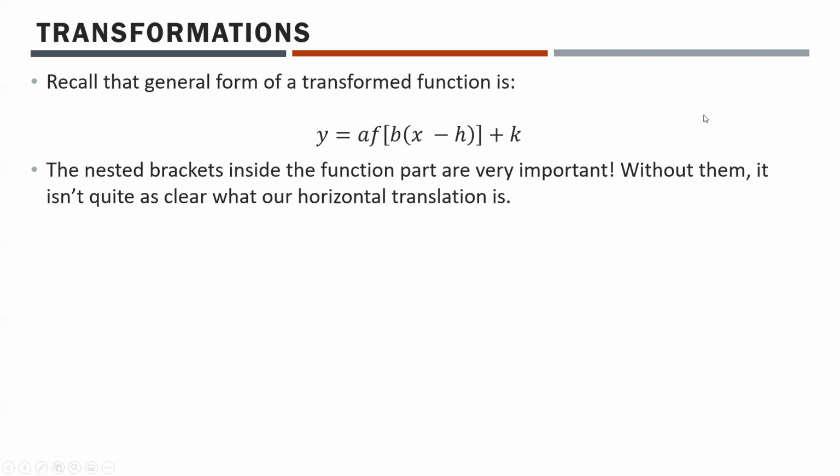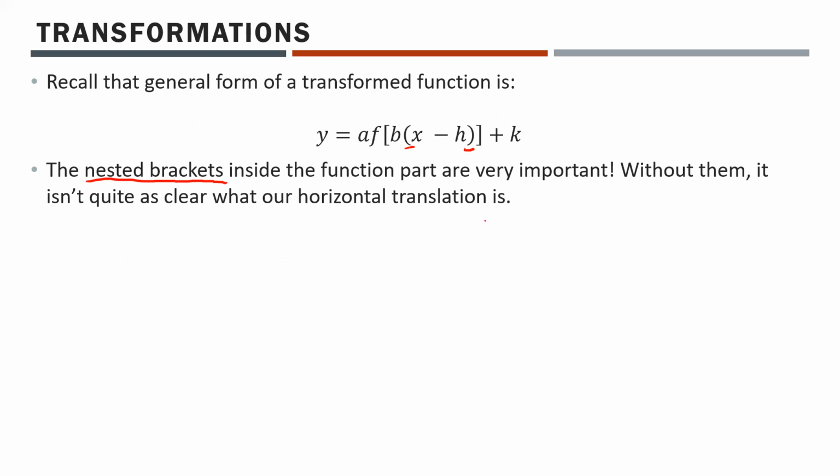So just remember that the general form of a transformed function is as follows: y equals a times f of b(x minus h) plus k. Last class, we talked about how those nested brackets, the nested brackets inside the function part, are very important.